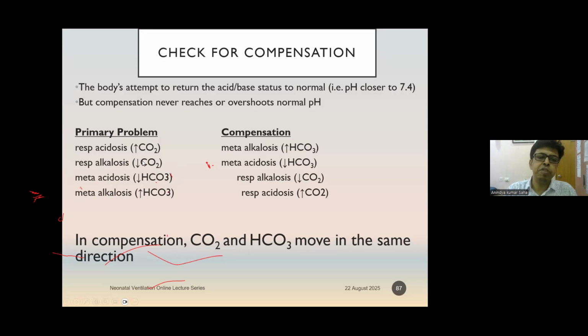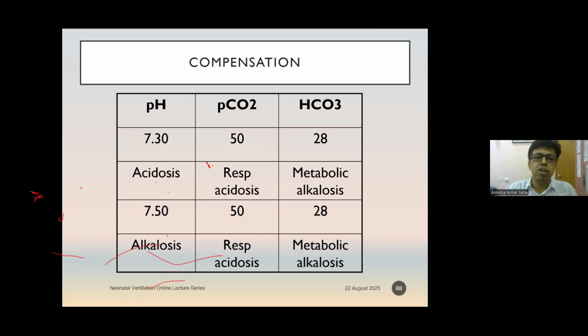Again, when respiratory alkalosis occurs, PCO2 is low, and metabolic acidosis is occurring, so it is also showing compensation. So the secondary change in the same direction along with the primary change in a simple acid-base disorder is always due to compensation. So here is the example.